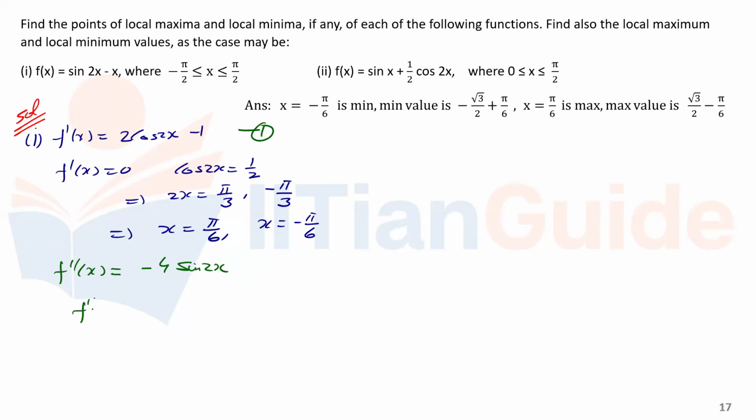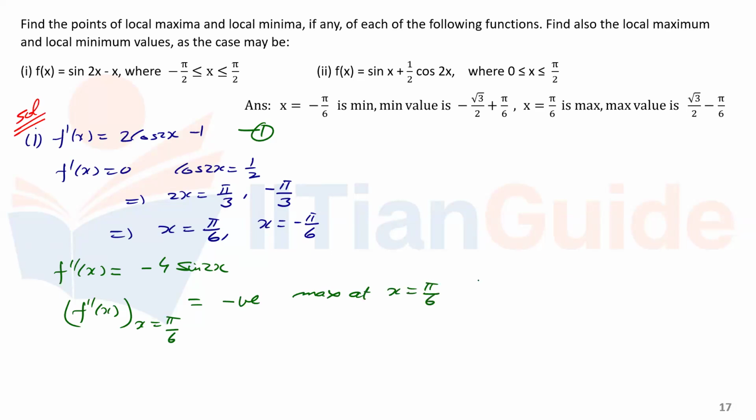The second derivative at x equal to pi by 6, no need to calculate this value. If I put x to be pi by 6, there is a negative sign, sin pi by 3 becomes positive, so overall I'm going to get a negative value. That is maxima, which means maxima at x equal to pi by 6.